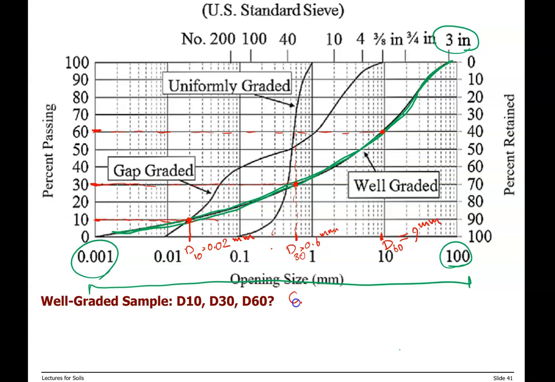So Cu is D60 divided by D10. It's going to be D60, 9 millimeters, divided by D10, which gives us the result.